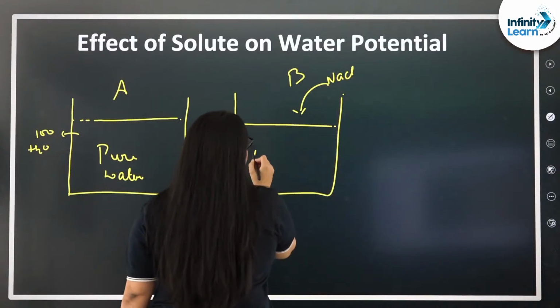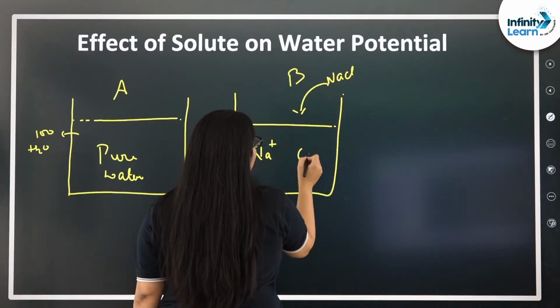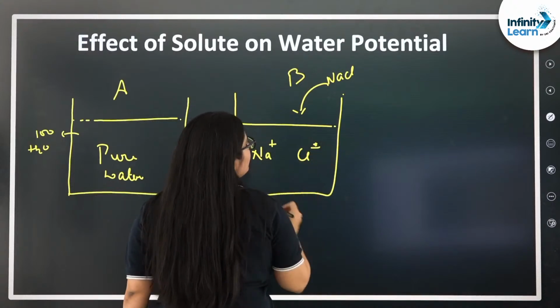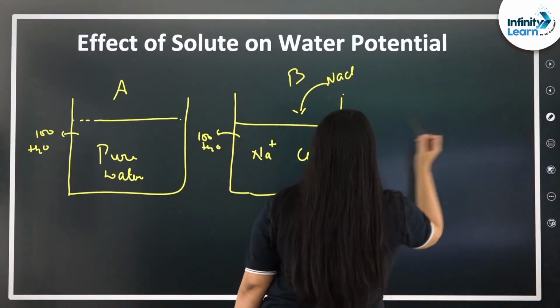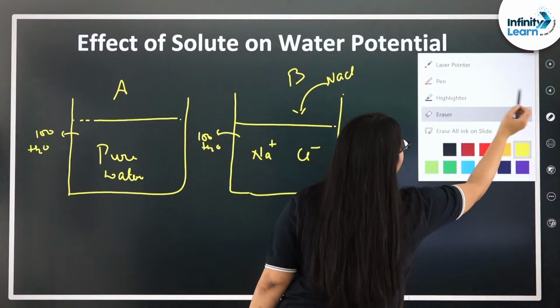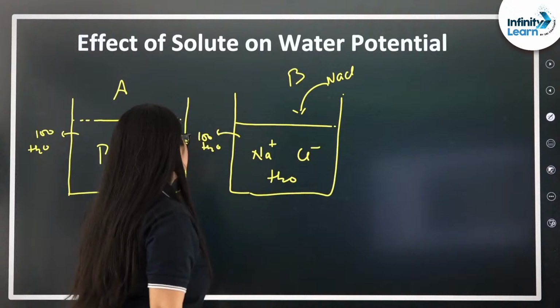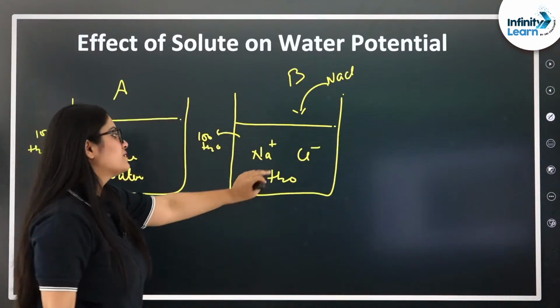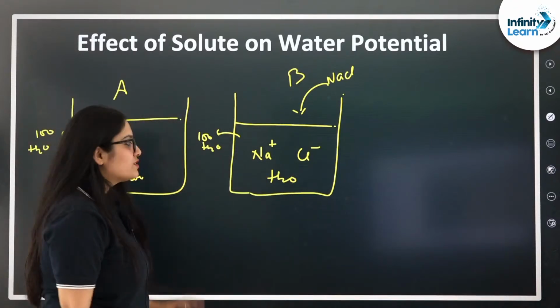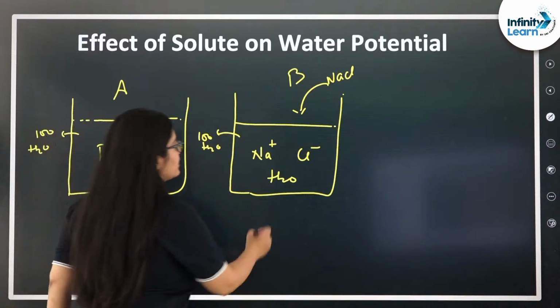So that means this water is going to have Na plus, Cl minus, as well as it will have water molecules, right students? This one is pure solvent, this one is solution.